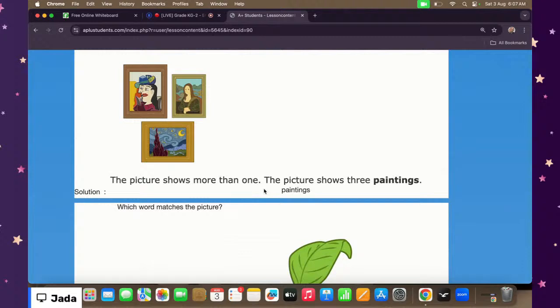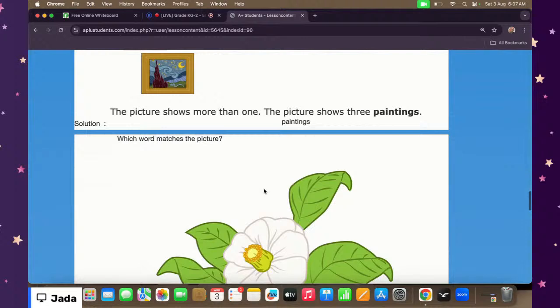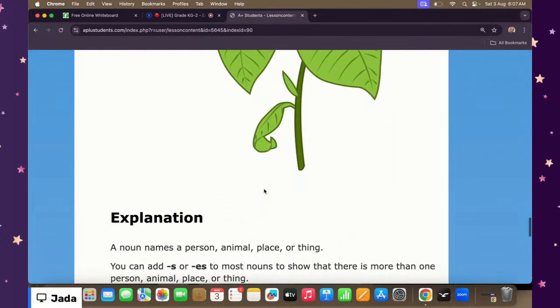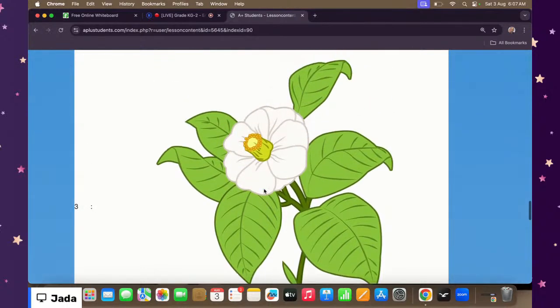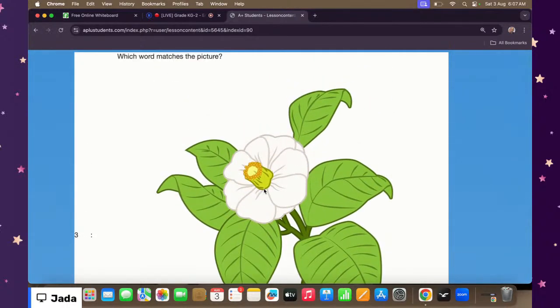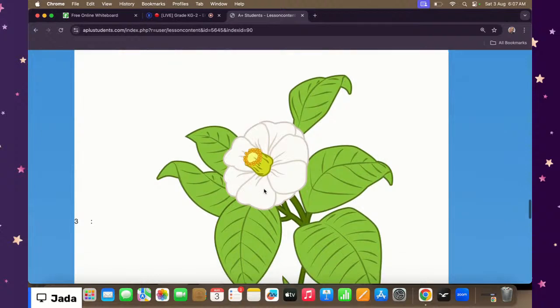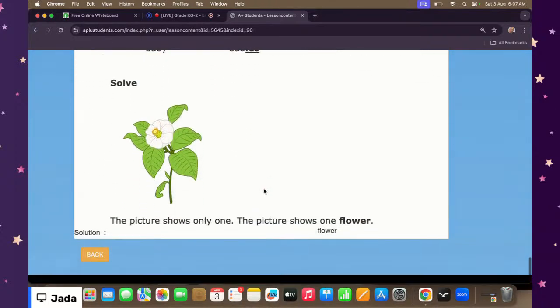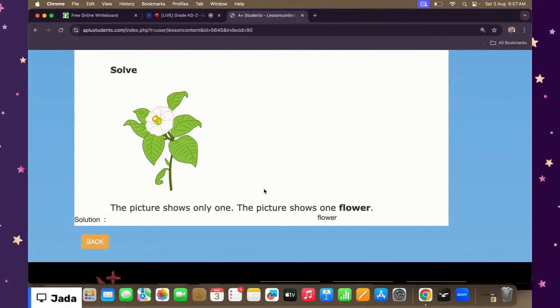All right, and then we have this flower here. How many flowers can you see? Hi, welcome.